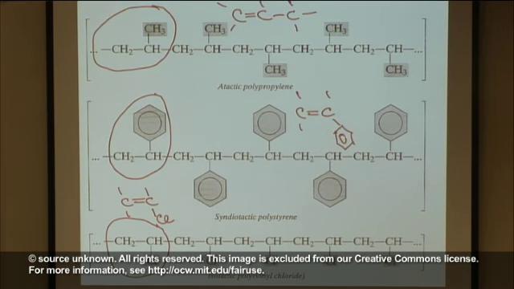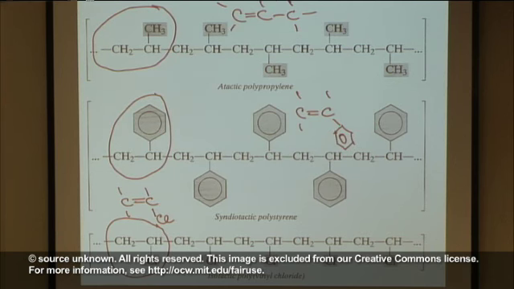So this is the benzene ring, and it alternates from above the chain to below the chain, above the chain to below the chain. So in this case, this is called syndiotactic. And the top one is a polypropylene. So you start with propylene that has the double bond here. It's got 3 carbons and the methyl group coming out. And so you break that double bond and make the chain.